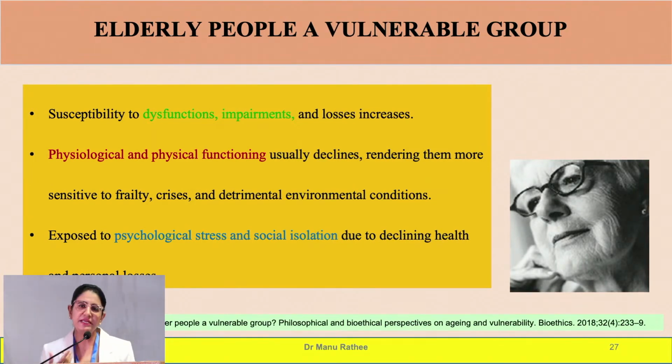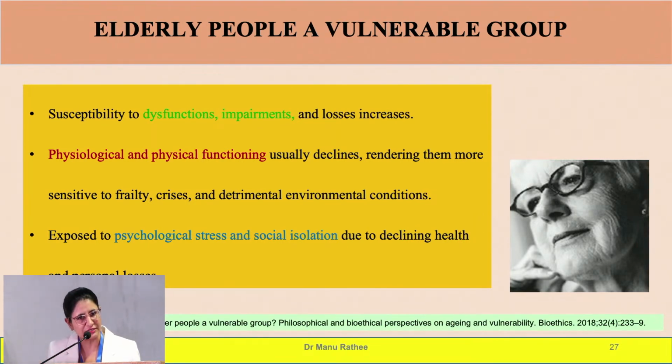So it has been addressed separately. In maxillofacial trauma also, specifically maxillofacial injury of geriatric patients. So, because there is a need to understand this population, this vulnerable group, it is a part of your curriculum and examination.